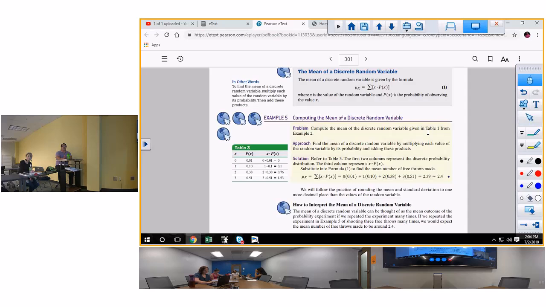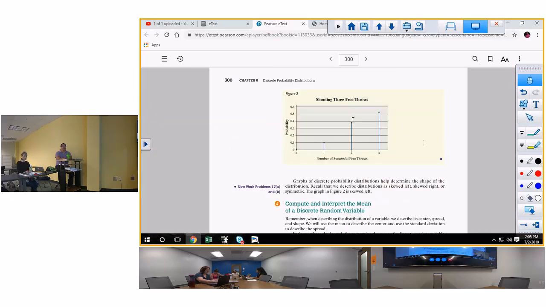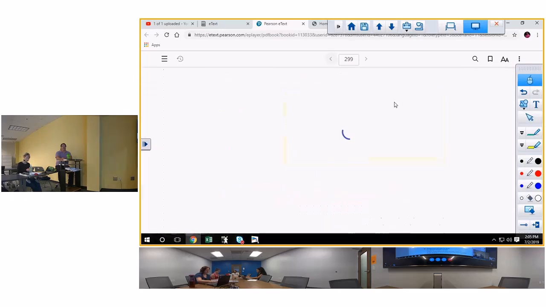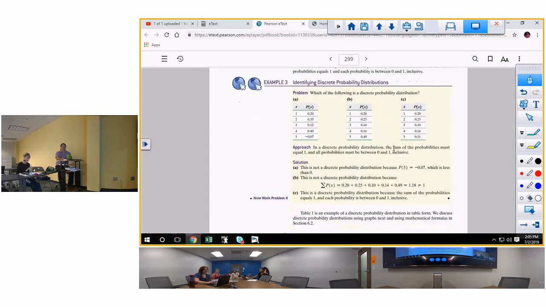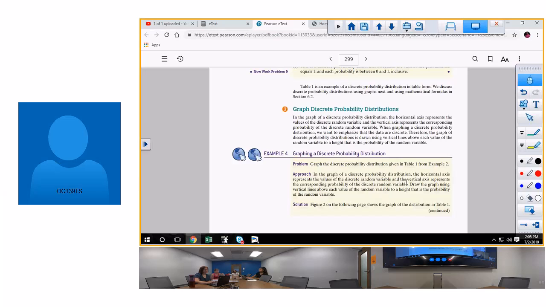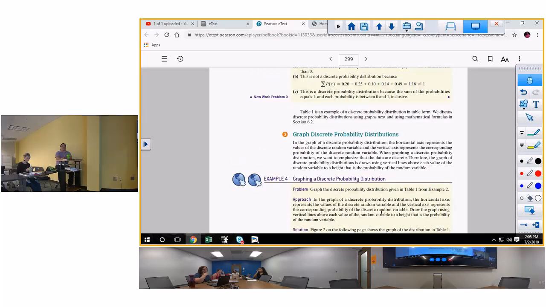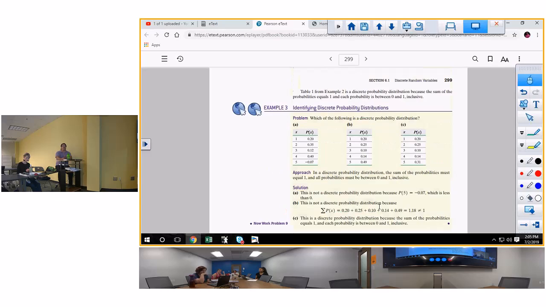It comes from something else. Where does it come from? Hold on. Free throws. That's where it comes from. So it must be a question on the first page. Okay, it has something to do with free throws.